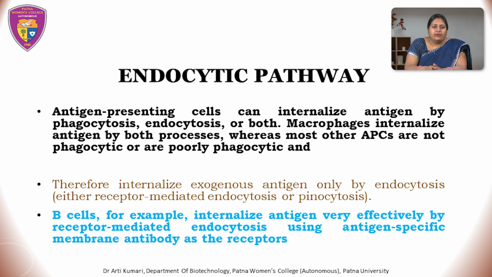Now coming to the second pathway of antigen processing, which is called the endocytic pathway. The antigen presenting cells, commonly called APCs, can internalize antigen by phagocytosis or endocytosis or both. The B cells internalize antigen very effectively by receptor mediated endocytosis using antigen specific membrane antibody as the receptors.